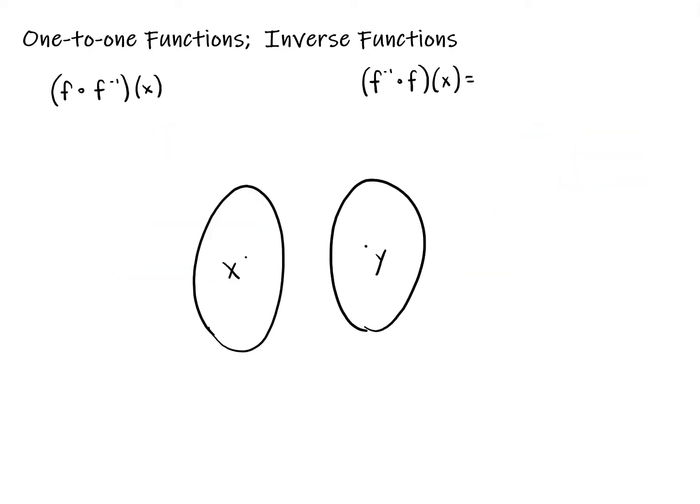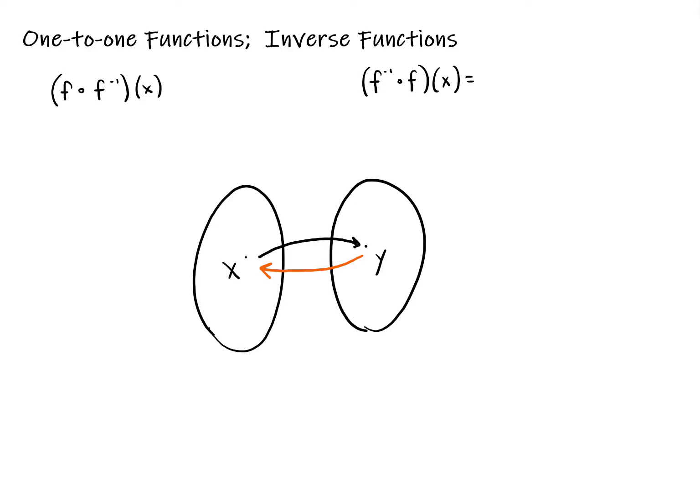There's a rule about inverse functions, and that's if you compose an inverse function with its original function, you will get the input and the output will be the same. So if I originally take x, plug it into my function, and then I take that result and plug it into my inverse function, the result will come back to my original input, x.